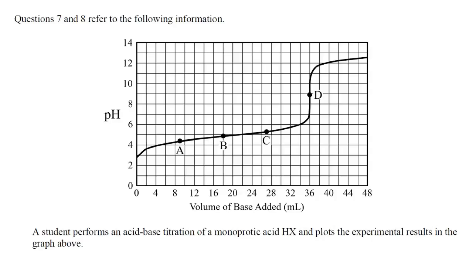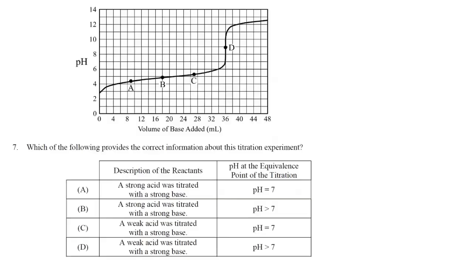Let's go ahead and look at the details of question 7. In question 7, it says the following. Which of the following provides the correct information about this titration experiment? So we have to decide, is the acid a strong acid or a weak acid? And then what is the pH at the equivalence point of the titration?